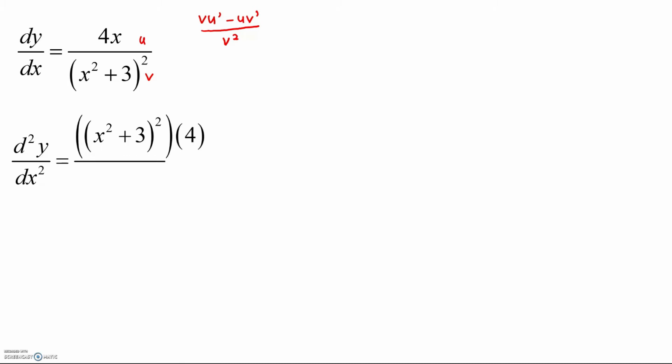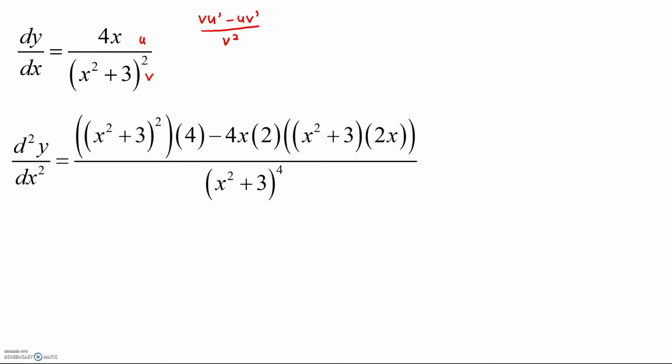And then minus, we copy back u, differentiate v, we got 2, you can bring in front, and then copy back the bracket and reduce the power of the bracket by 1, multiply with the differentiation of the item in the bracket. So we got 2(x squared plus 3) times 2x, over (x squared plus 3) to the power of 4.